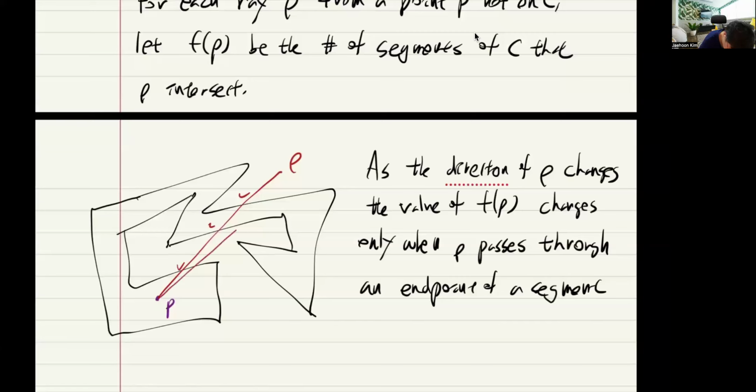So if you slightly alter it, it doesn't hit any endpoint and it doesn't change. But once you hit it, it changes.